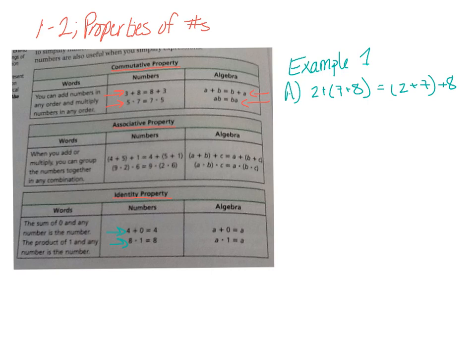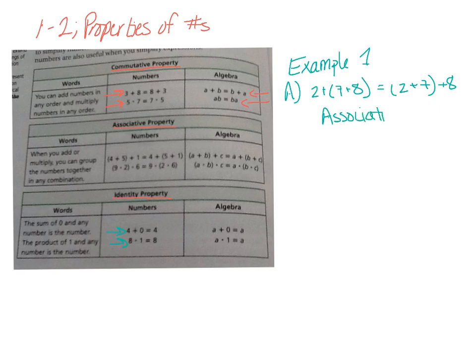Okay? Now, if you look at these, we are adding the same three numbers. We're just adding numbers together in a different order. On the left side, we would add the 7 and the 8 first, and then add the 2 and get 17. On the right side, we would add the 2 and the 7 together first, and then add the 8 and get 17. So that is our associative property, where we can add in any order.